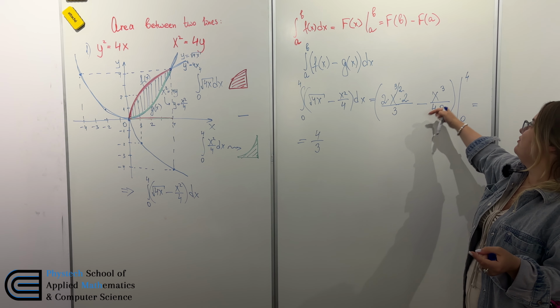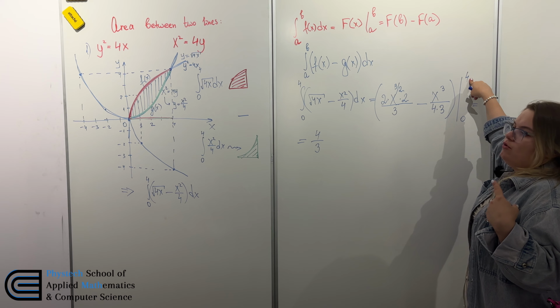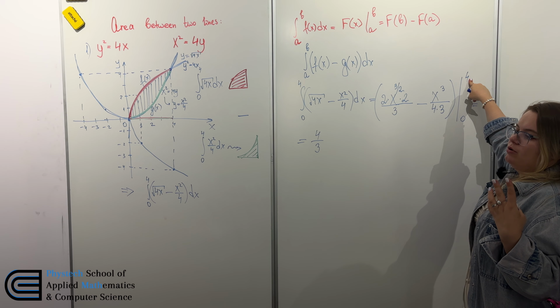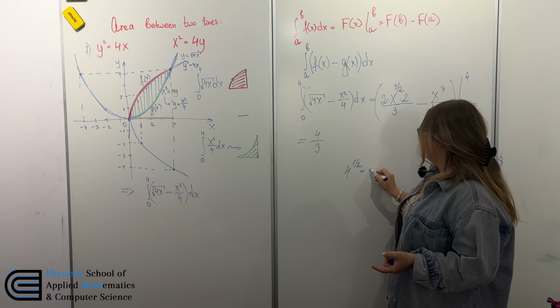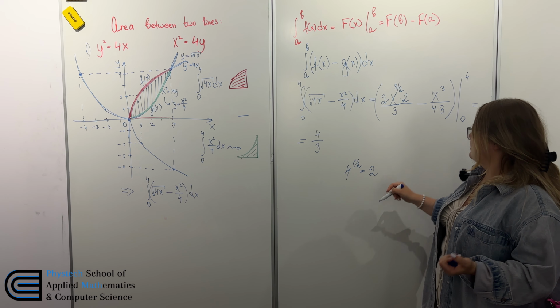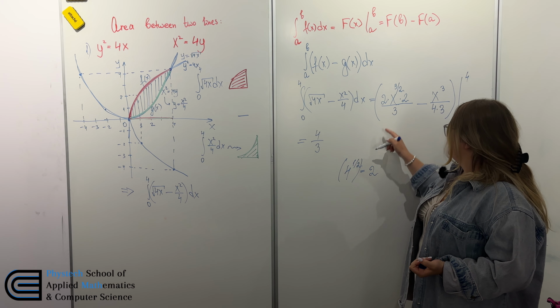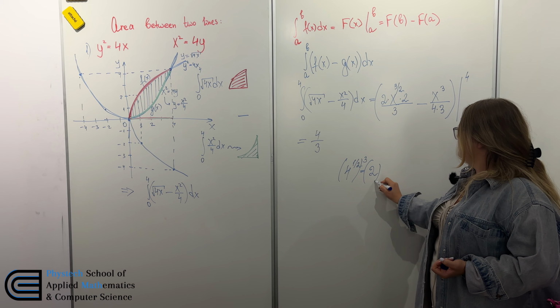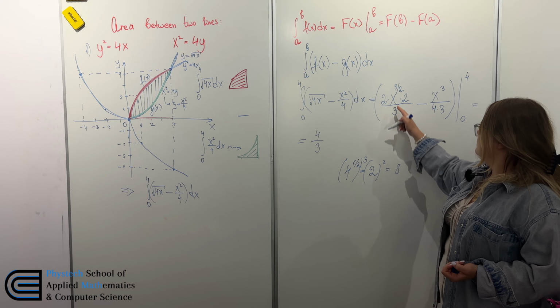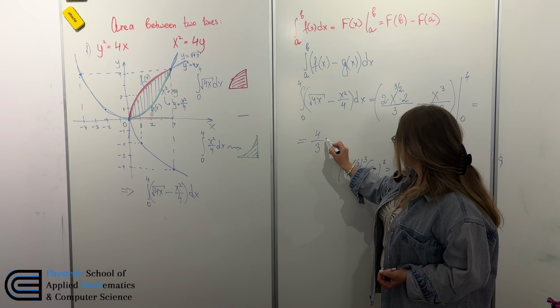Let's see. If our 4 has the power of 1 divided by 2, it gives us 2. And then this 2 has power 3. So, as a result, it gives us 8.